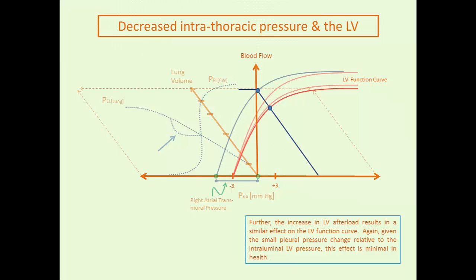This only becomes a very pronounced afterload effect if the intrathoracic pressure is dropping 20, 30, 40 centimeters of water downwards, which would tend to have a much more pronounced effect on the transmural wall stress. So again, in the normal patient, just to reiterate, it is more of a diastolic issue in terms of how the change in intrathoracic pressure affects left ventricular filling and output.